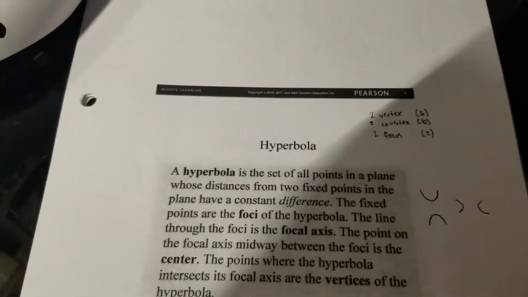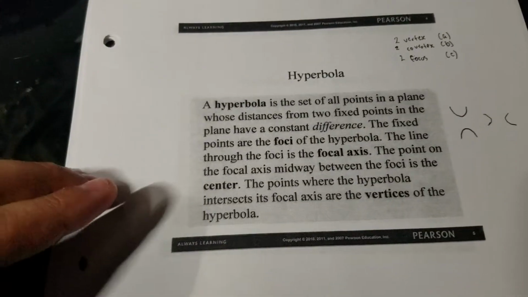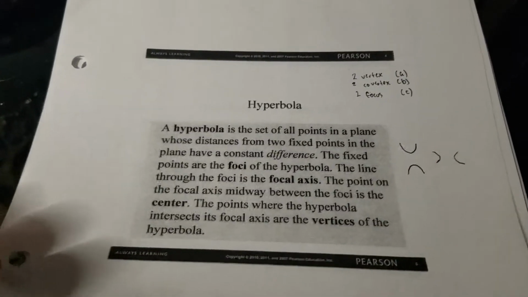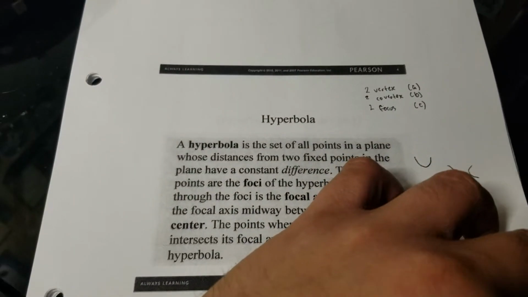I know this may be the first time you've worked with this shape, but a lot of the same things that we just talked about with the ellipse are going to be present.